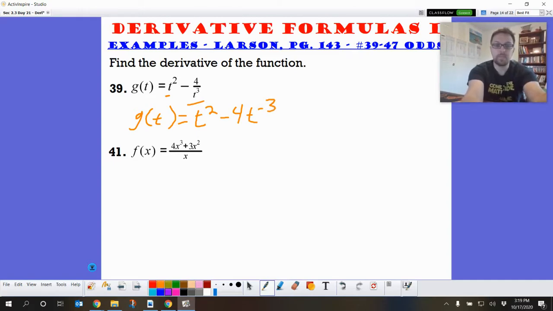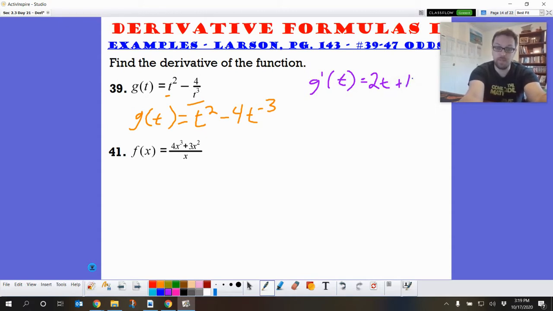When I look to find g prime of t, I can just do the derivative of those individual terms when they're being added or subtracted together. So we get 2t, and then we do -3 times -4 when that negative exponent drops in front.